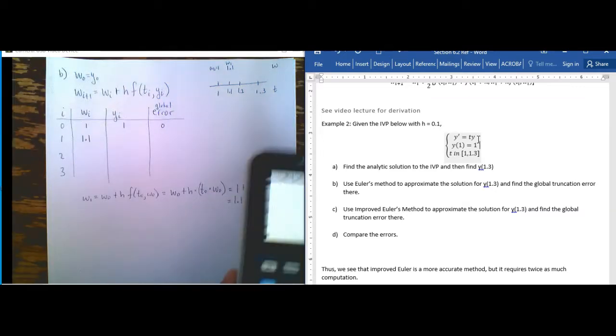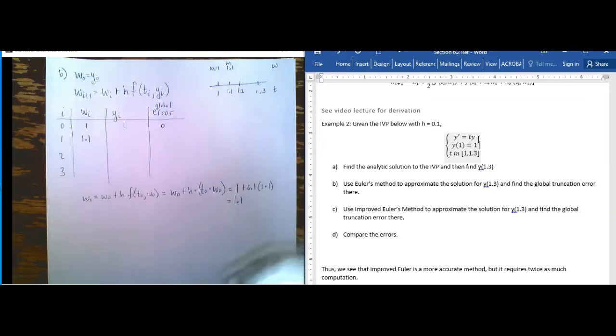Let's calculate our exact solution. So e to the 1/2 times 1 minus 1/2 is 1.